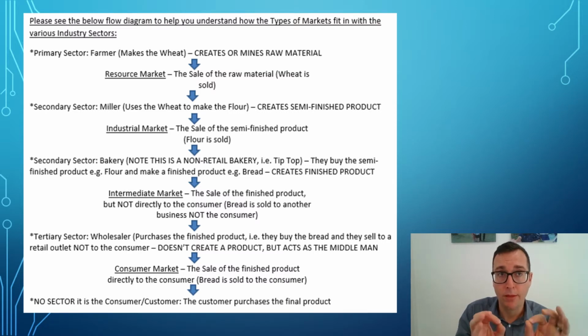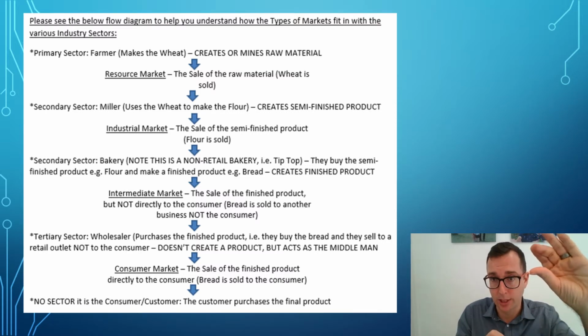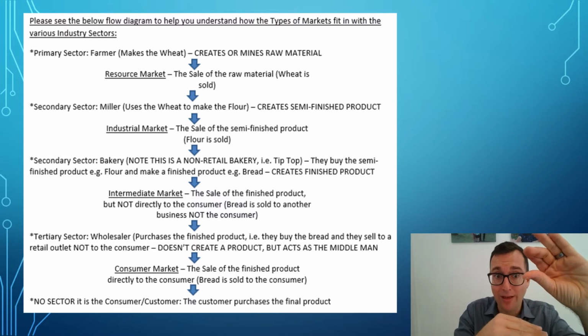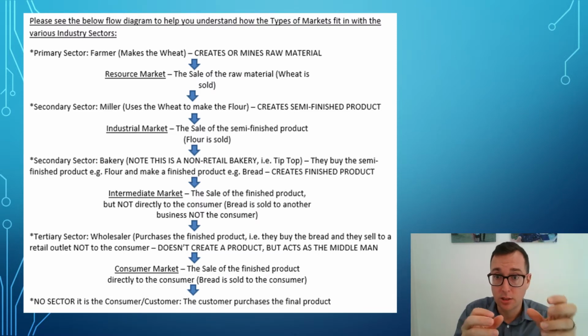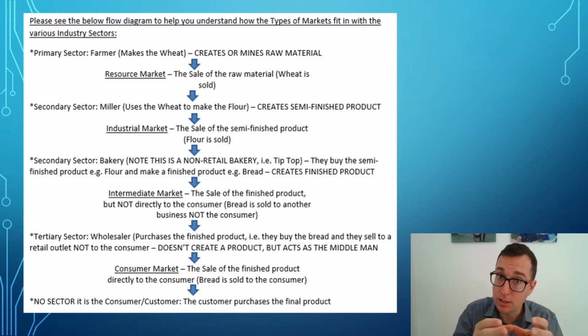So remember, the industrial market is when a secondary sector sells a semi-finished product like flour to another secondary market, another secondary industry, such as Tip Top in this instance. Now, an intermediate market is the sale of a finished product, but it can't be sold directly to a customer. Wholesalers in an intermediate market purchase a finalized finished product like bread, but they don't directly sell to the customer.